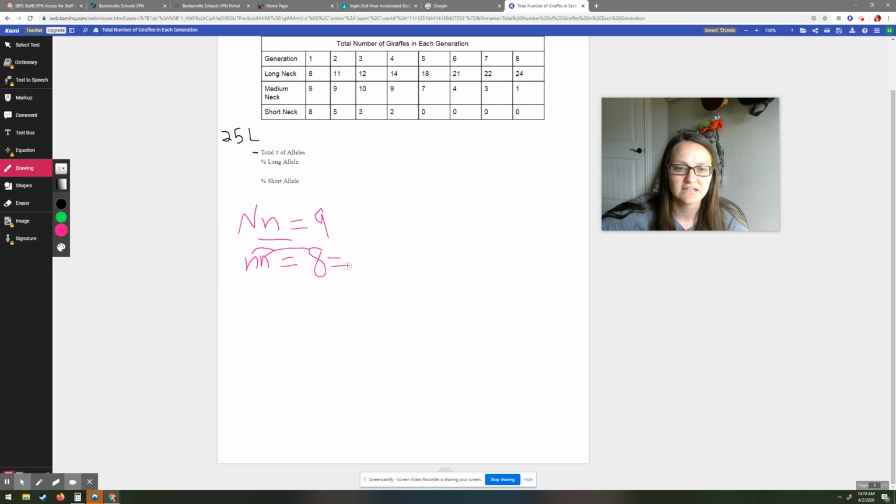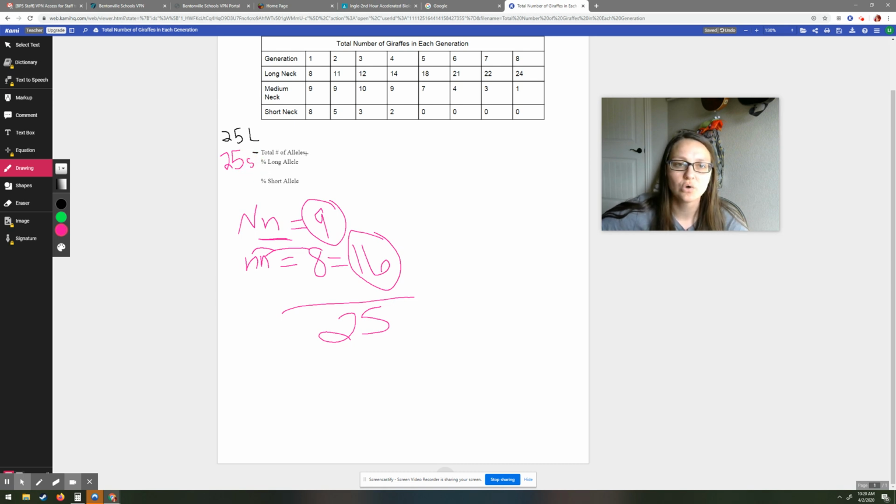You end up with 16 alleles for short neck plus the 9 alleles for the little n from the medium, and that equals 25 again. So there were also 25 short in generation 1.